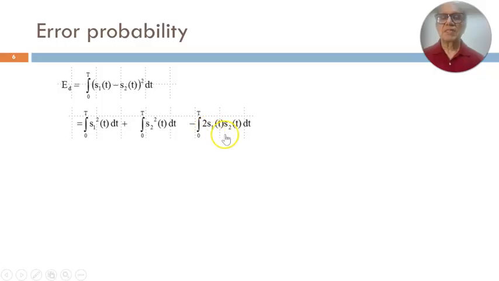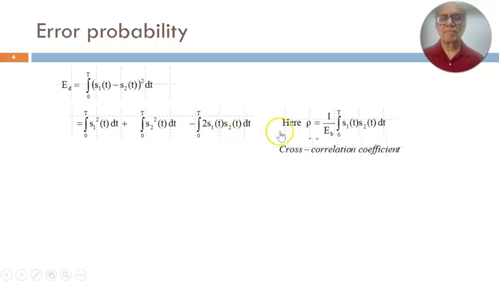Now this can be expressed in terms of the correlation between S1(t) and S2(t). So let us first of all define that correlation. So here the rho, which is the cross correlation coefficient, is equal to 1 upon EB. This is because we are assuming constant energy for both the signals, and then the product of S1(t) S2(t) from 0 to T. So once you have defined your cross correlation coefficient in this fashion, this integral can be expressed in terms of the cross correlation coefficient.